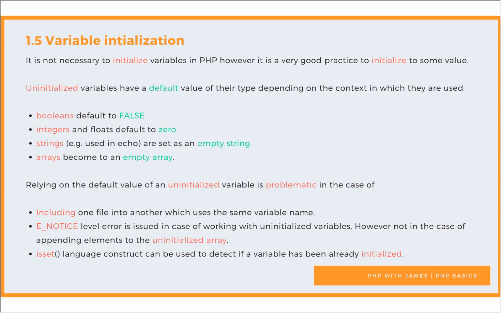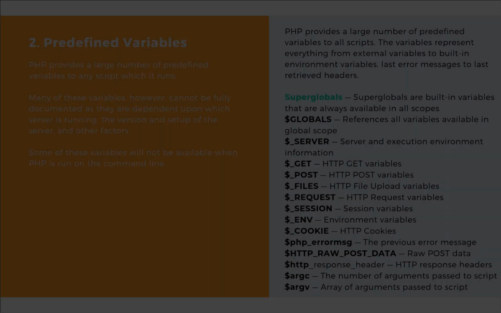So uninitialized variables can create an E_NOTICE level warning, but the exception is the case of an uninitialized array. The isset language construct can be used to detect if a variable has already been initialized. This way we can check whether the variable is initialized yet or not.